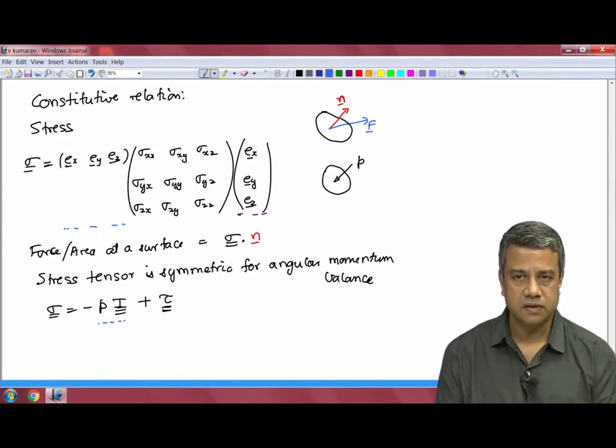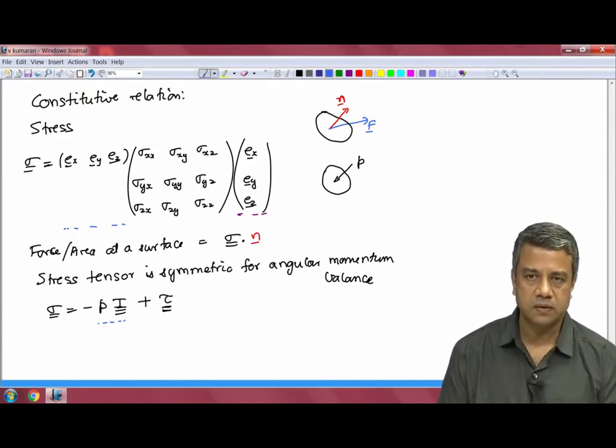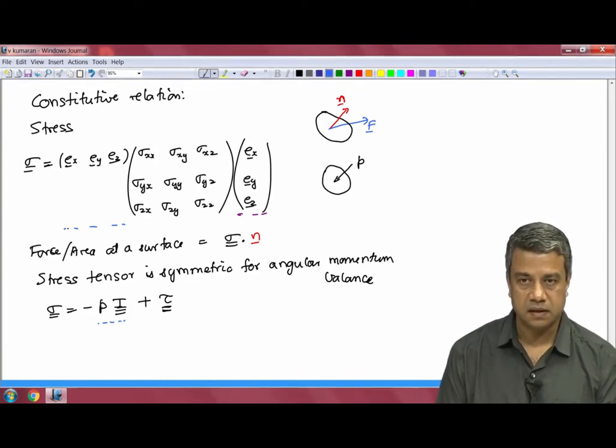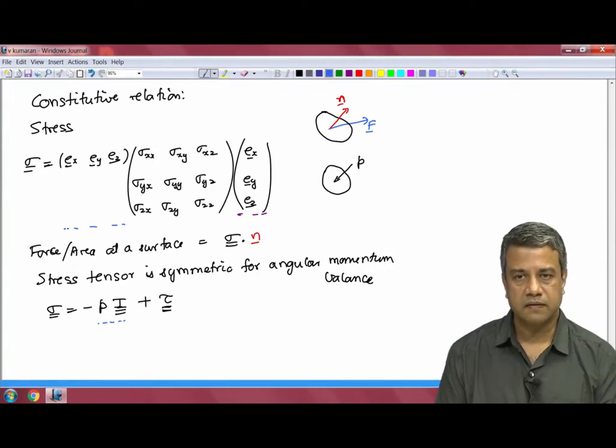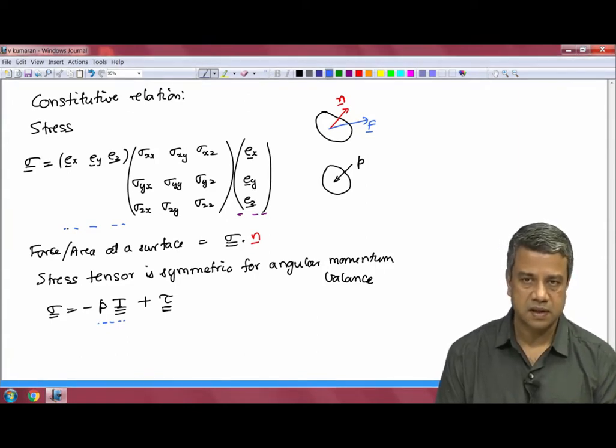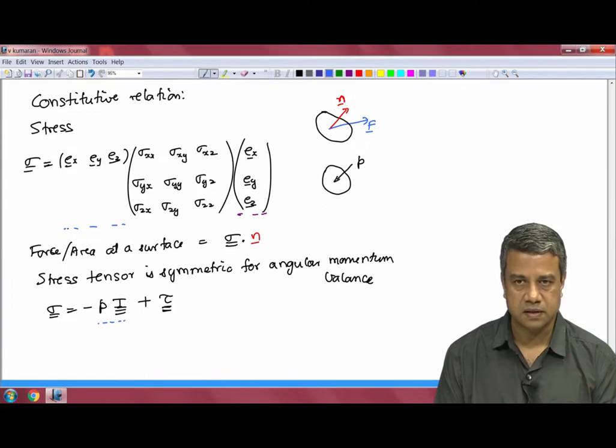If we further assume that the stress is linearly related to the gradient in the velocity, then we can derive a relationship between the stress tensor and the rate of deformation tensor without having to make reference to the underlying coordinate system.